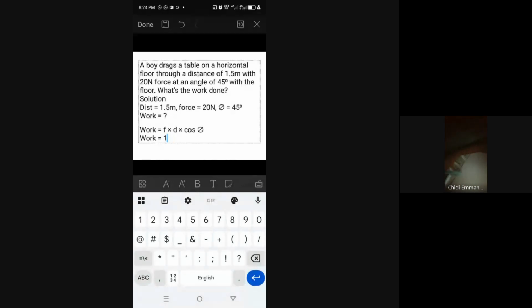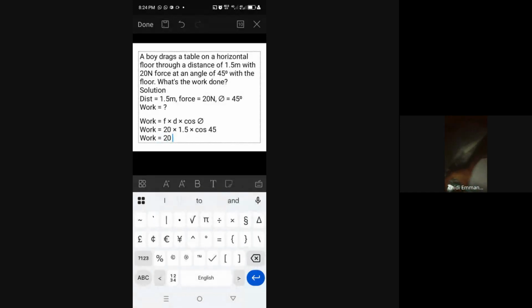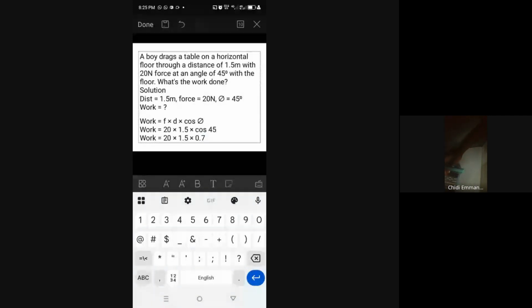So force is 20, distance is 1.5, times cos theta. My theta is 45. Cos 45 will give you 0.7071, using four decimal places. So multiply everything.